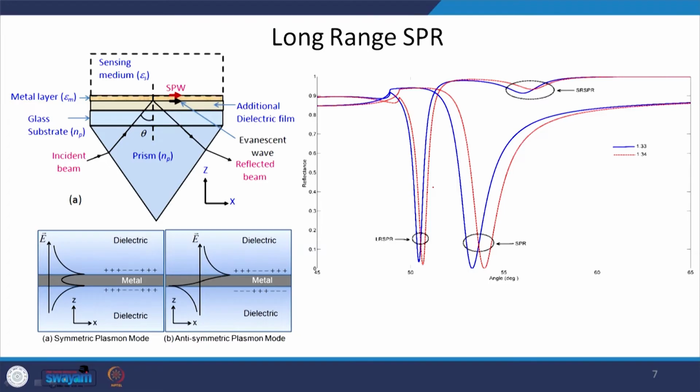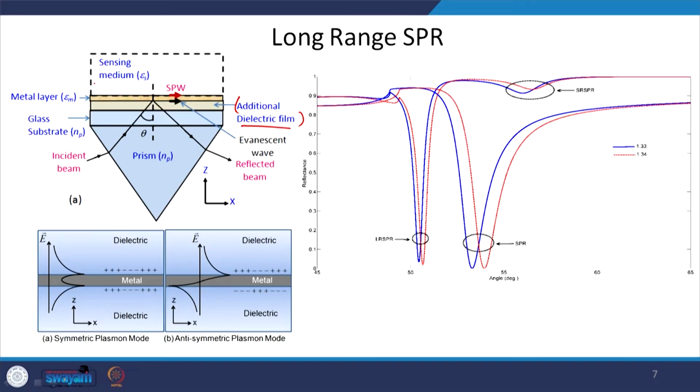So, what happens in long range SPR? Why is it highly sensitive? What kind of configuration is it? Let us see what it has. In a conventional plasmon configuration, we had a metal layer directly on the glass substrate or prism, but here you add an additional dielectric film between the glass plate or prism and the metal layer.